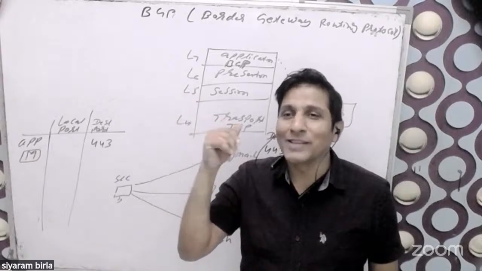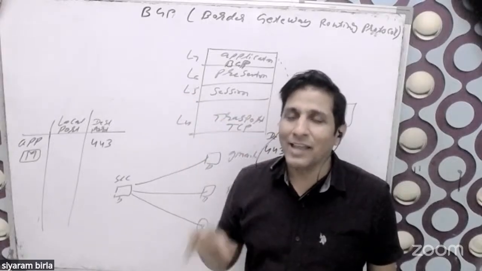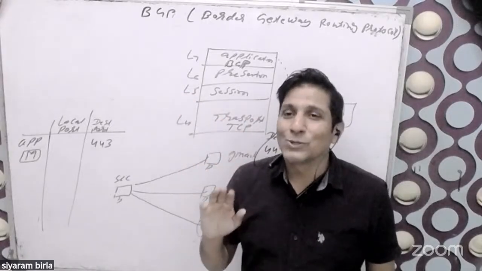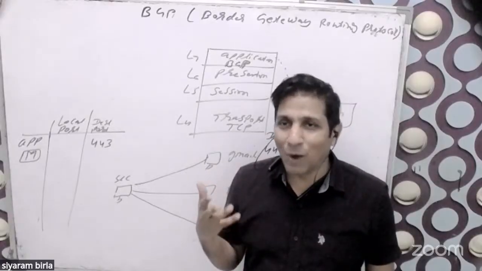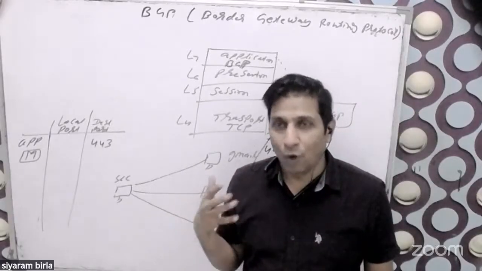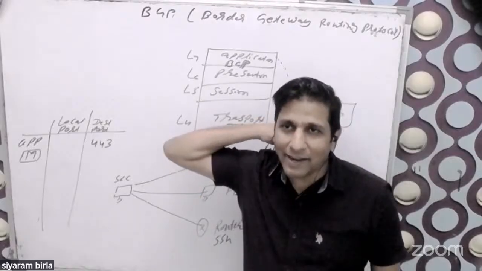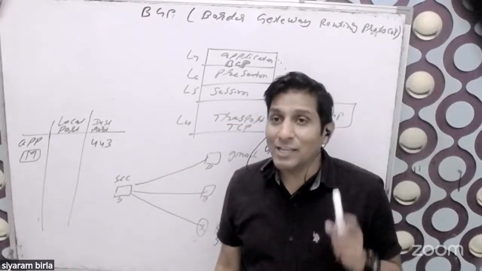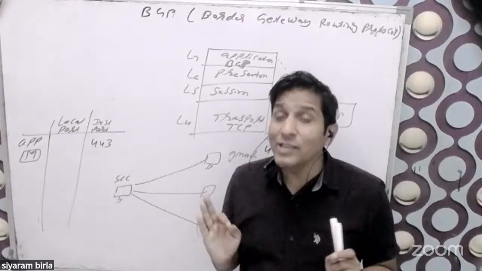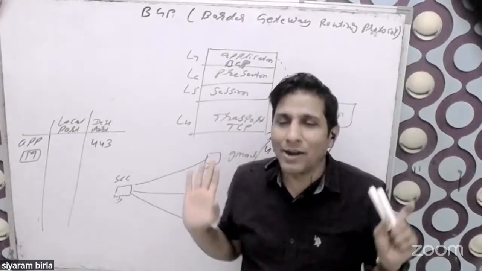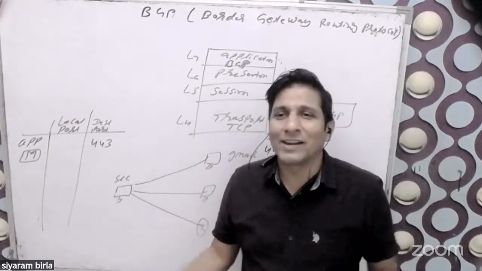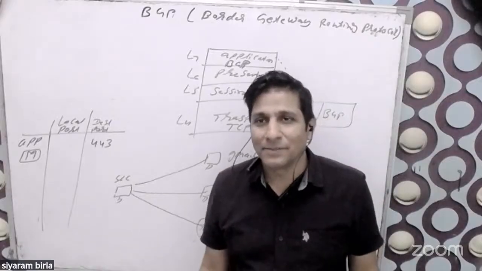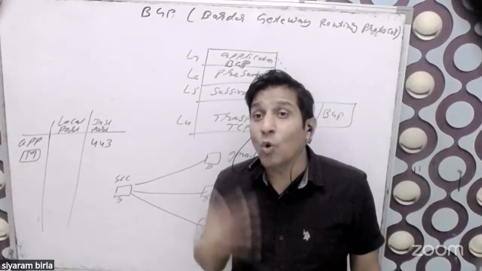XYZ means 600 rupees, ABC means 800 rupees, whatever margin they require, say 100 rupees. That XYZ is known only by the shopkeeper and their employees; no other person can understand it. So that is called the local tag.